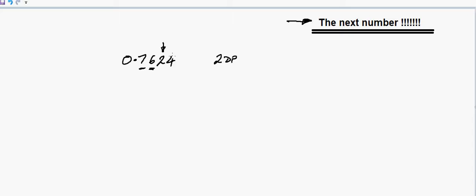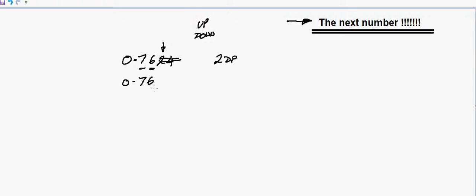So it's just a question of, do I round up or do I round down? I'm sure that you all know that with 2 we would round down. So anything after this we have no interest in. So that number would be 0.76 to 2 decimal places.